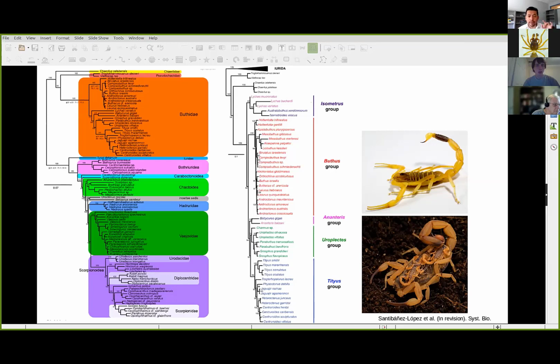But the reason for this slide is just to tell you that the groups that contain all those highly toxic scorpions to mammals are recovered independently, not in a monophyletic group, which suggests that the origin of these animals is not unique, and we have 5 independent origins for these animals in the buthid scorpion tree of life.